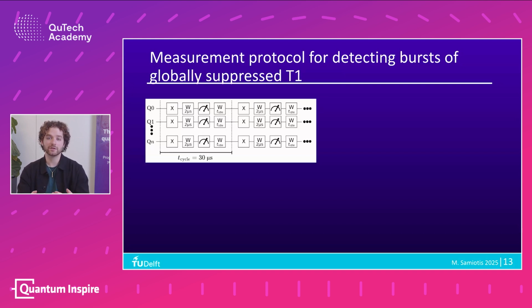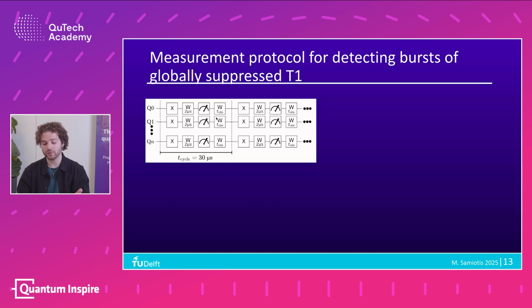But in the case that the processor is struck by ionizing radiation, the T1 temporarily is reduced by a lot, almost to a microsecond and maybe even less than that. So 2 microseconds is more than enough time for the qubits to relax if there is such an event.